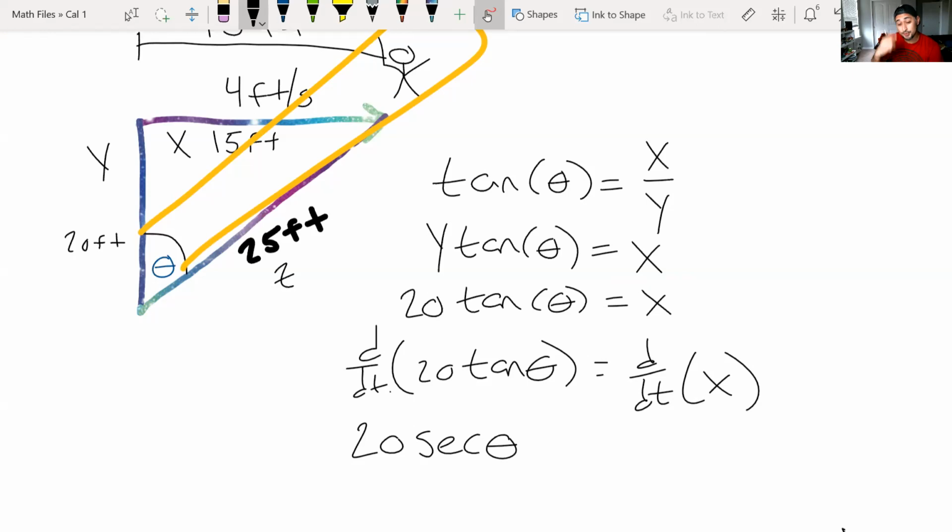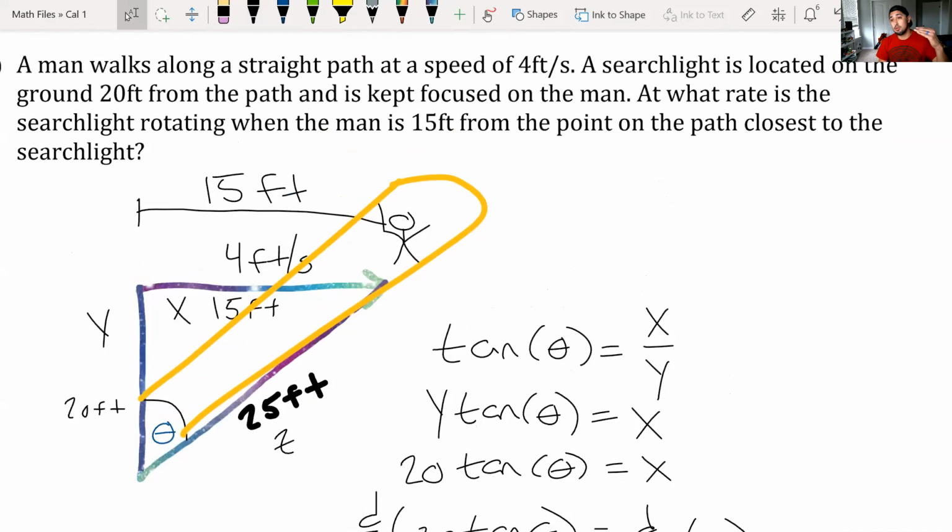But we're also taking the implicit derivative of tangent, which means we also need the derivative of theta on the inside. So this includes a chain rule. This will not just be 20 secant squared theta. This is going to be 20 secant squared theta times theta prime, equal to x prime. Now let's take a look back. We want to solve for the rate at which the angle is changing, which means we are looking for theta prime.